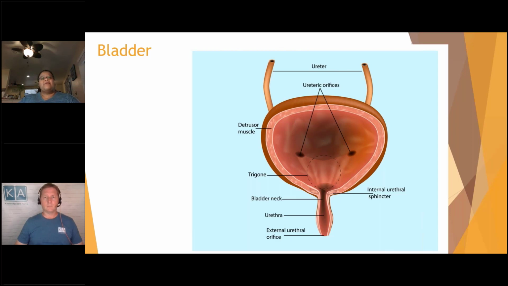In a day, a healthy person would normally drink about 2 liters of fluids, but you can urinate anywhere from 800 milliliters to 2,000 milliliters, which is 2 liters. What you put in, you can put out. So it has a great storage capacity.